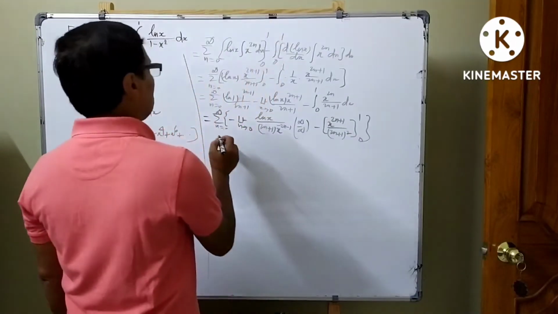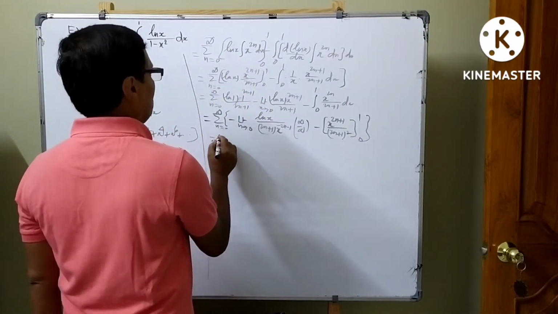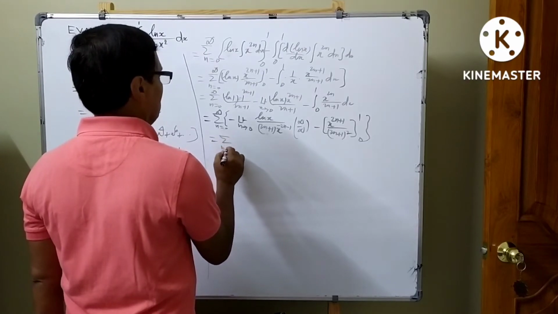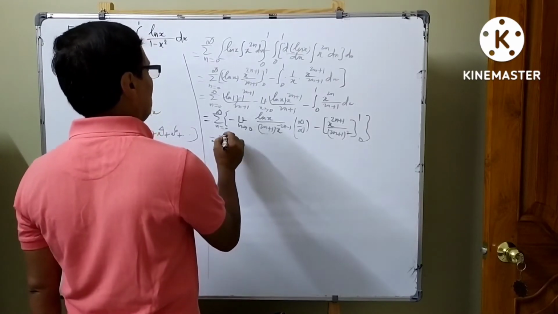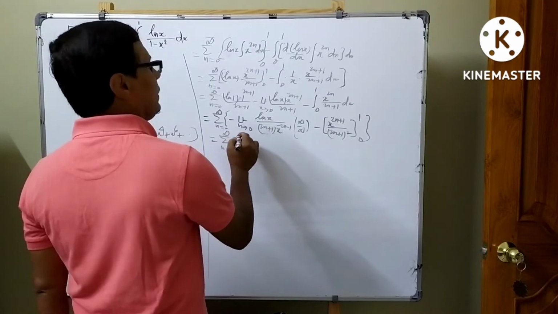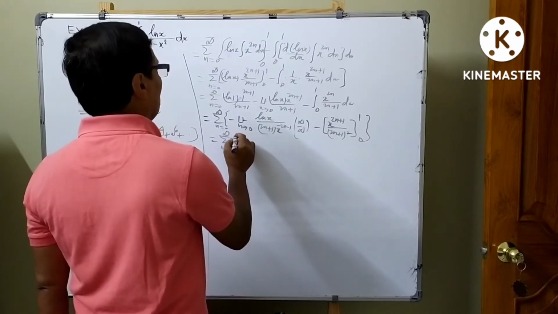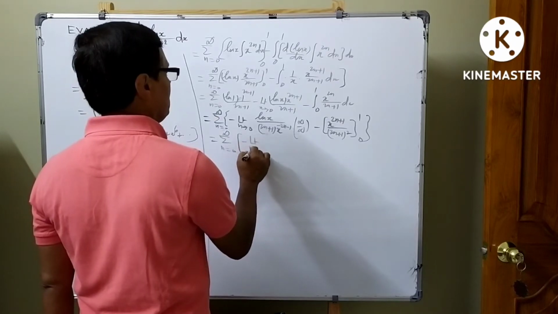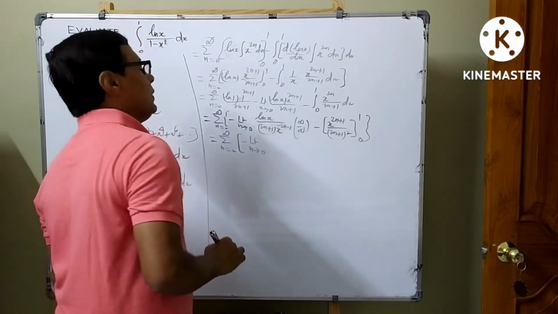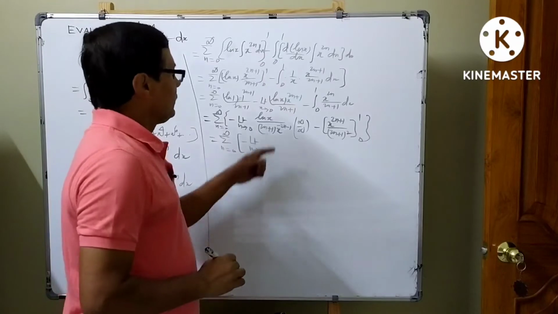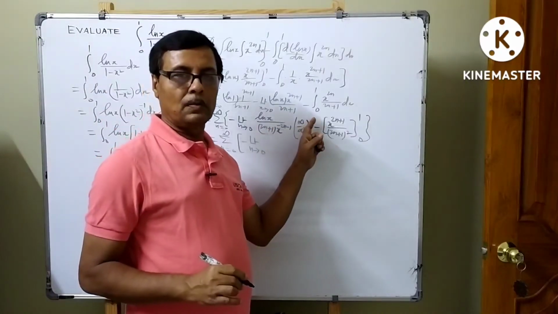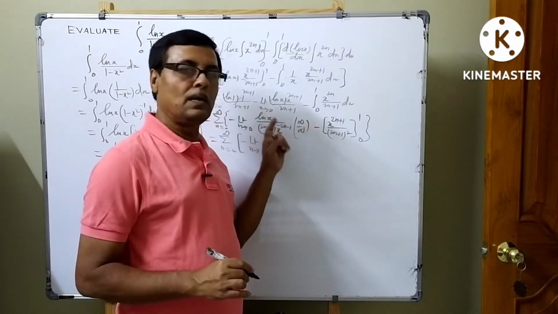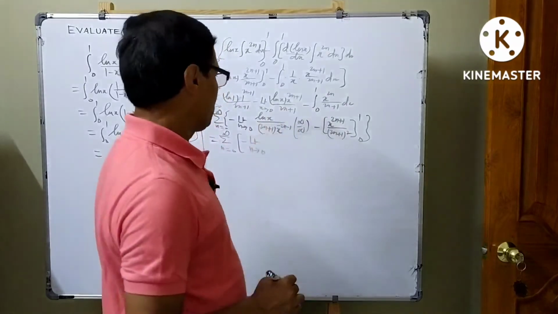So this is equal to summation n equal to 0 to infinity, minus limit x tends to 0. This is in the form infinity over infinity, so we can apply L'Hospital rule to evaluate this limit.